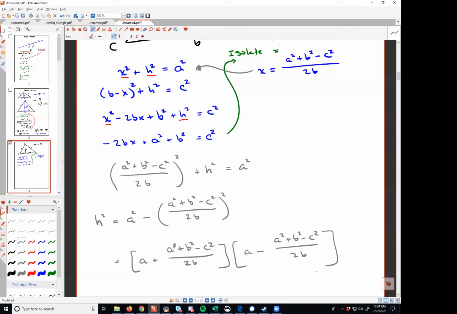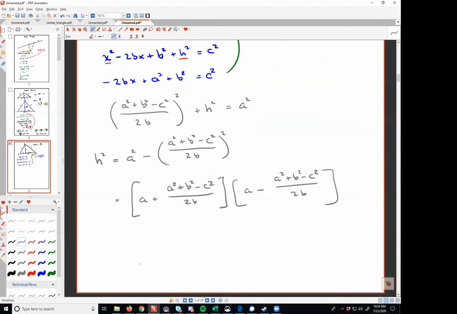Okay, that looks a little less scary. Why does it look less scary? It gives us less work to do. Yeah, we're not squaring the big nasty part. That definitely looks less scary to me.